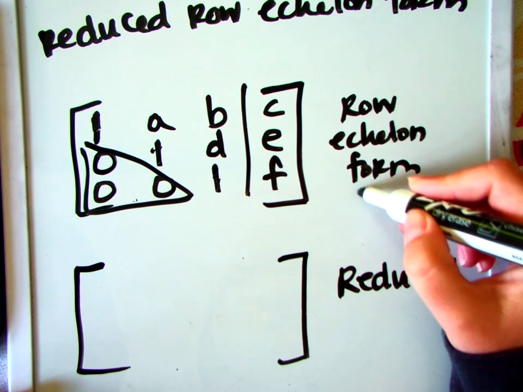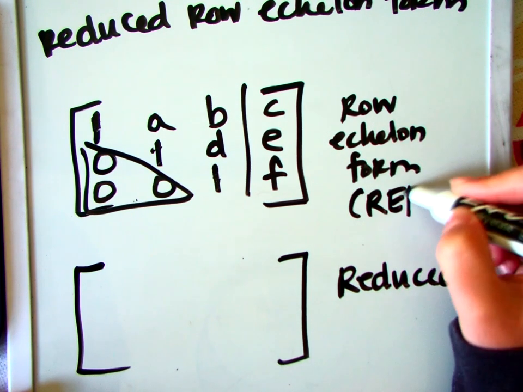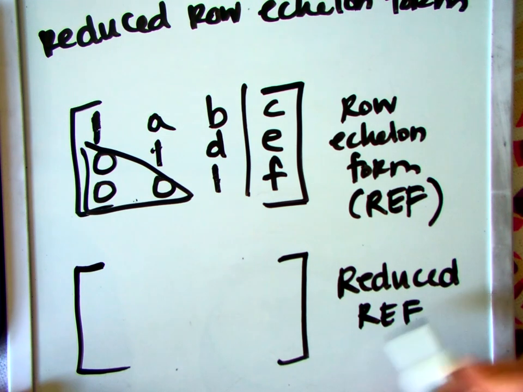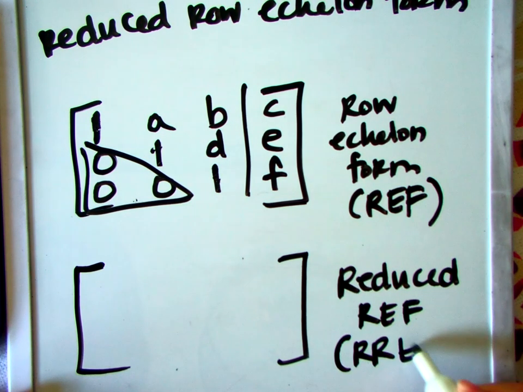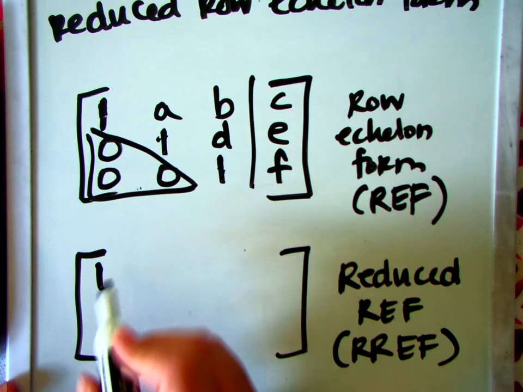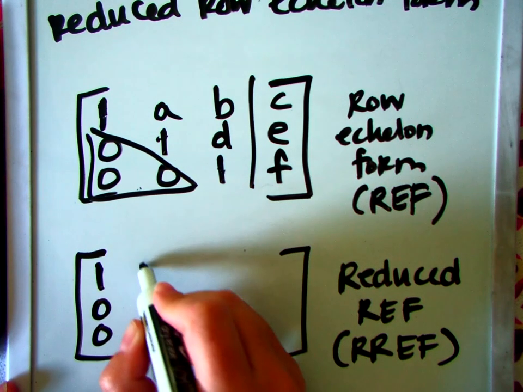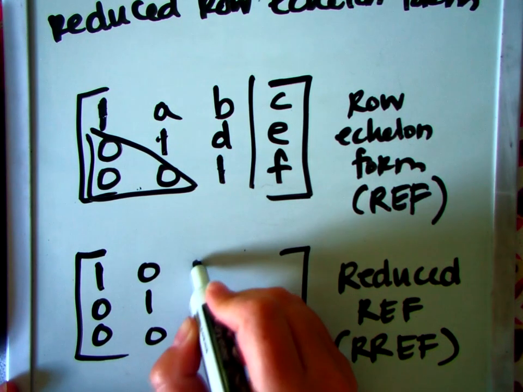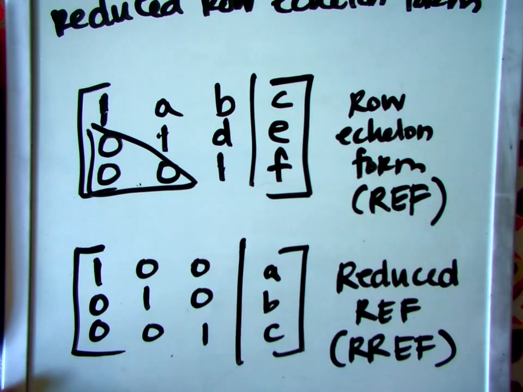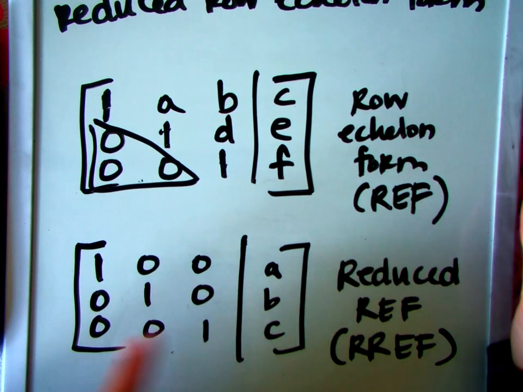Now, reduced row echelon form is almost identical, but now we have two triangles of zeros.